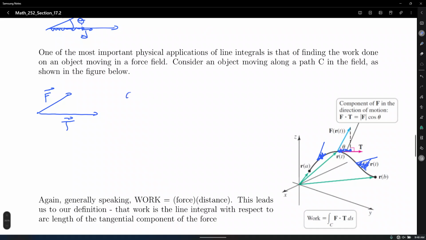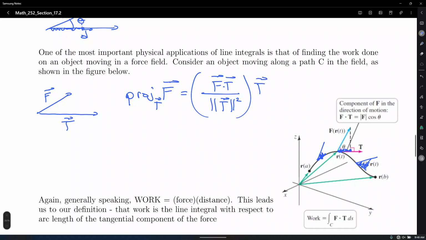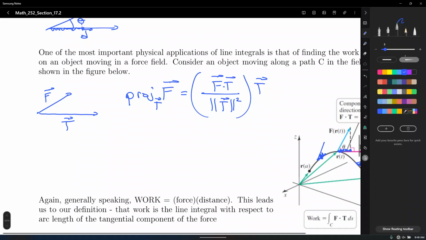Okay, the projection. So this is going to be the projection of the force onto the tangential. That is the dot product between F and T divided by the magnitude of T squared, times big T. But we can simplify the denominator.